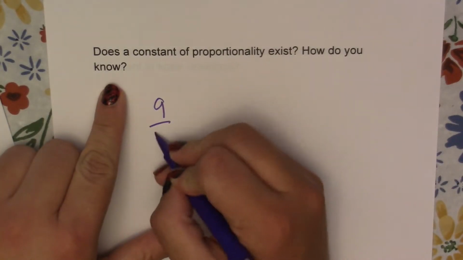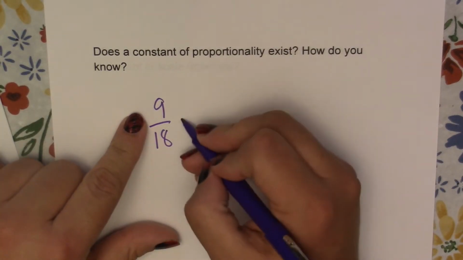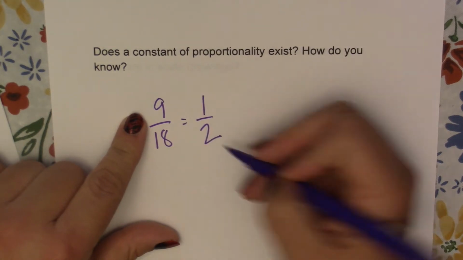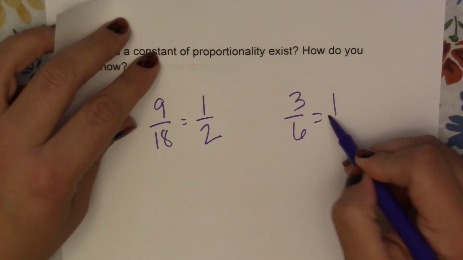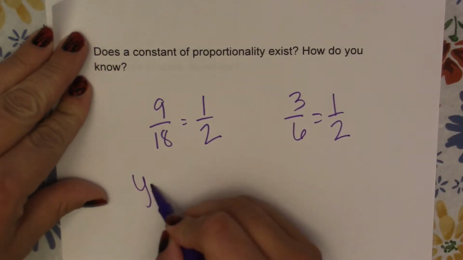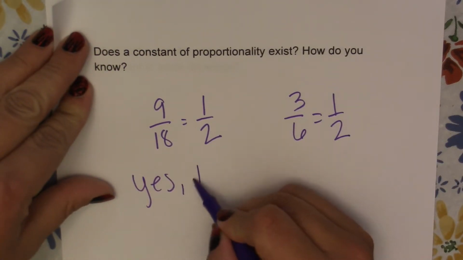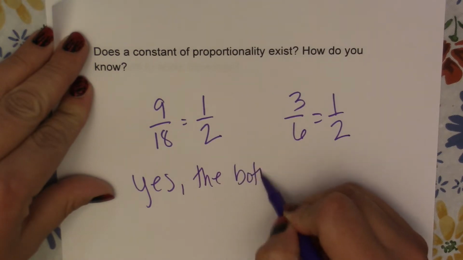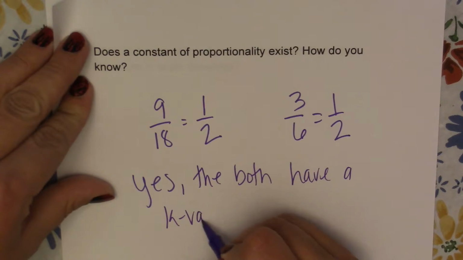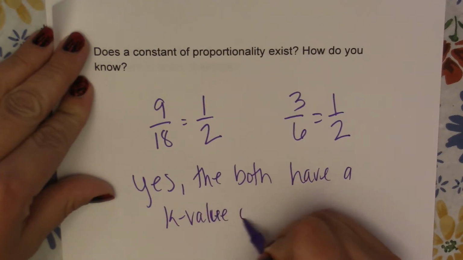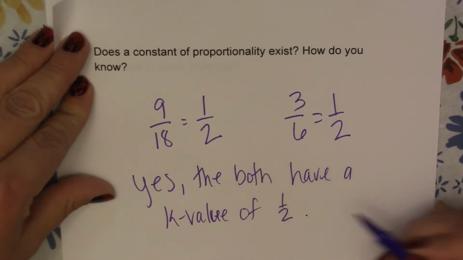So we're going to do 9 over 18, which those are both divisible by 9, so that simplifies down to 1/2. And then my other side was 3 to 6, which again, both of these are divisible by 3, so that simplifies down to 1/2. So yes, they both have a k value of 1/2.